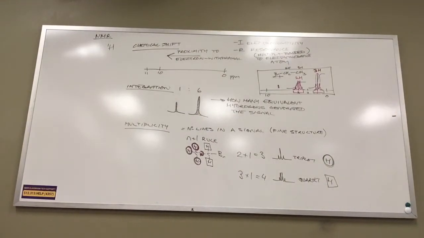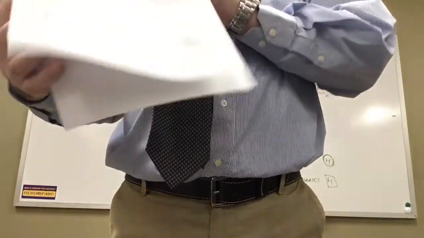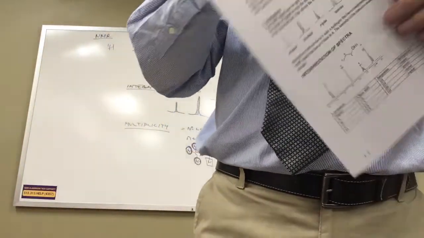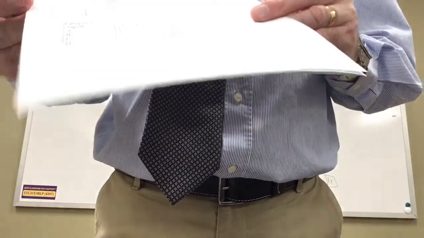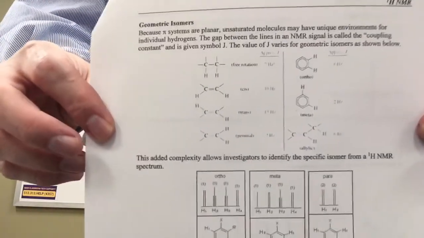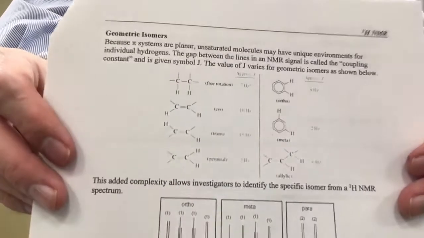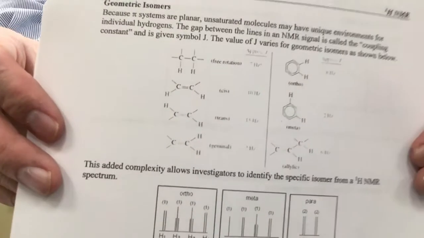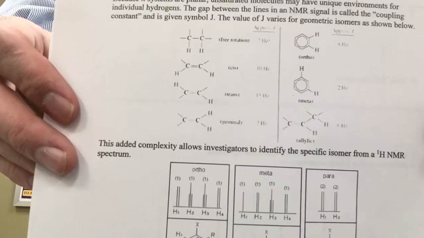So the first couple of pages are theory about integration, multiplicity, chemical shift, shapes of signals, and then how this exercise is different than the Organic Chemistry 1 exercise. We go into a little bit more detail. We're going to talk about molecules that are isomeric to other molecules, different classes of molecules that you didn't see in Organic Chemistry 1.